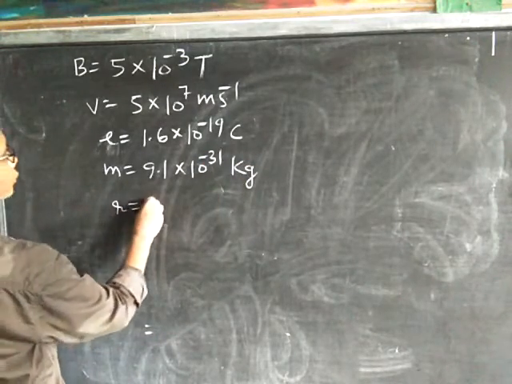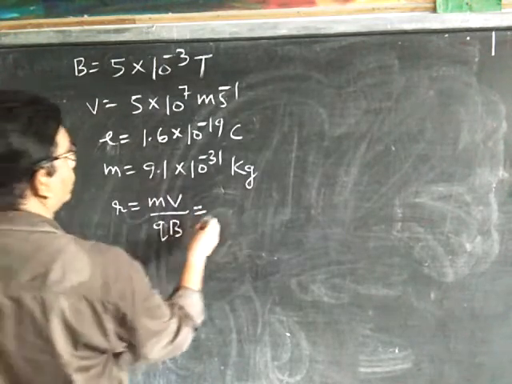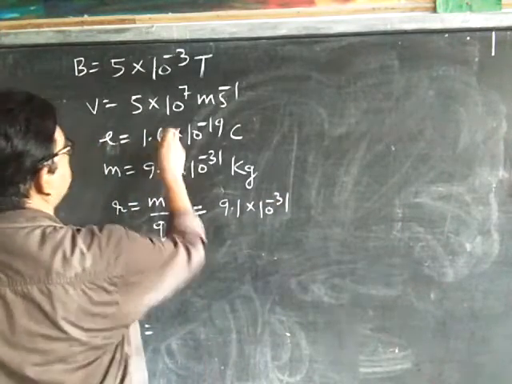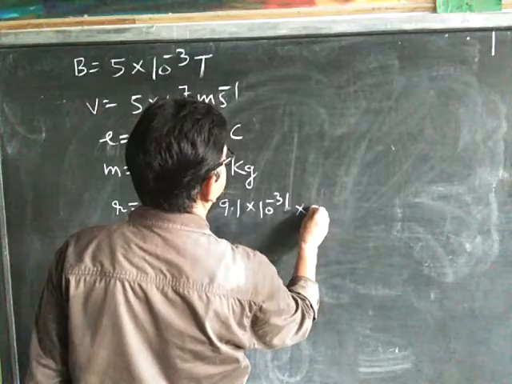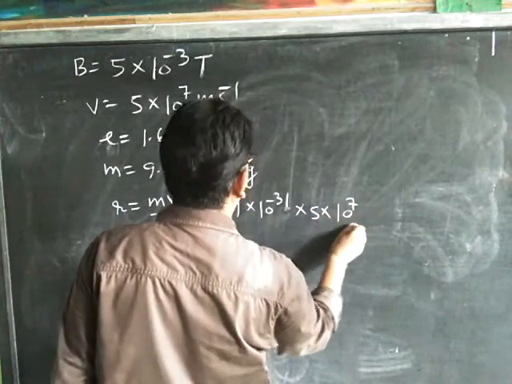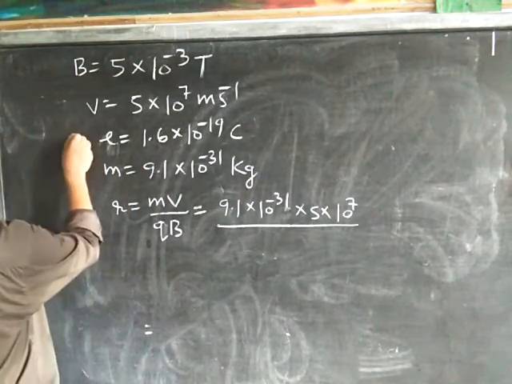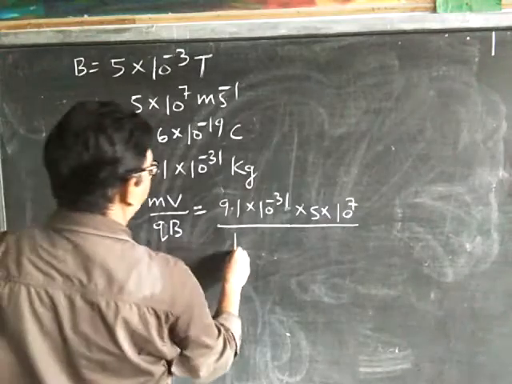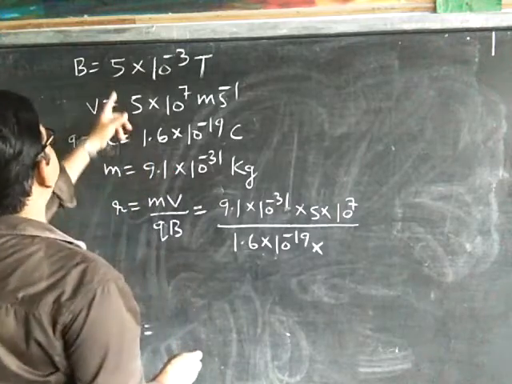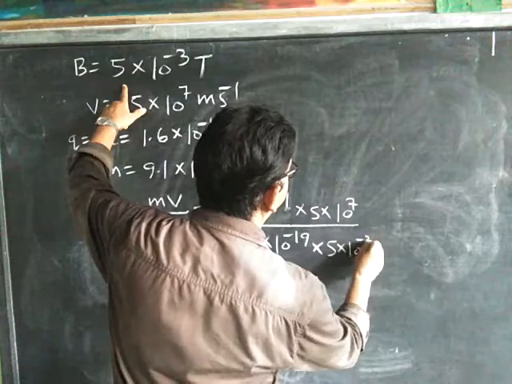Now radius r is equal to mv upon qB. Here m is 9.1 into 10 power minus 31 and v is 5 into 10 power 7 upon q, where q is equal to e, 1.6 into 10 power minus 19, into magnetic field B, 5 into 10 power minus 3.